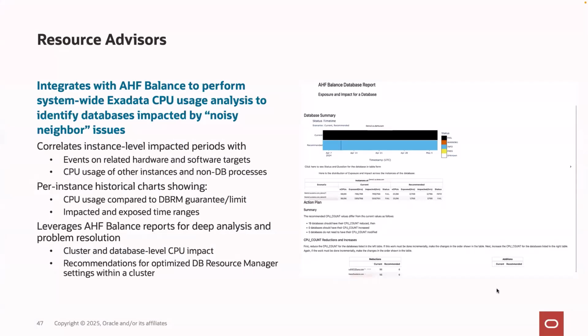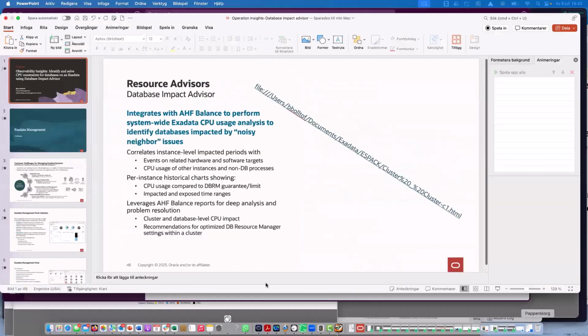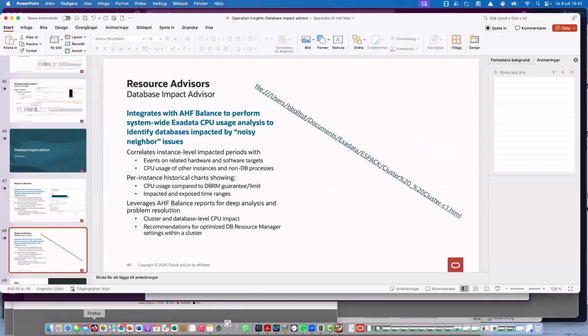The AHF balance report is an in-depth analysis of all the CPU resource utilization at the cluster and database level, and it recommends optimized database resource management settings within a cluster.